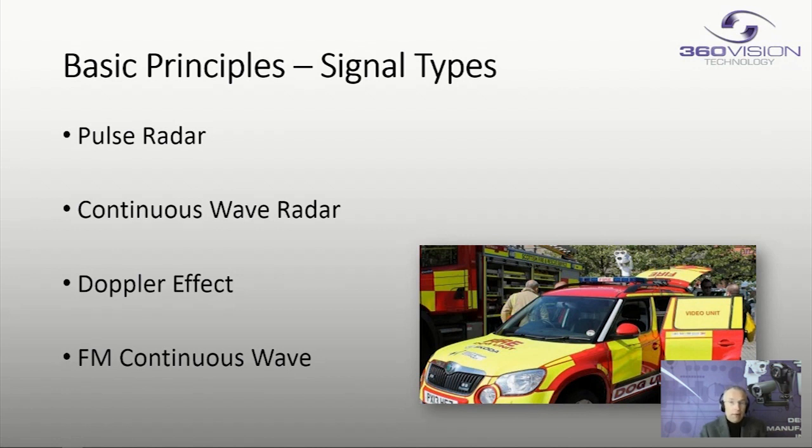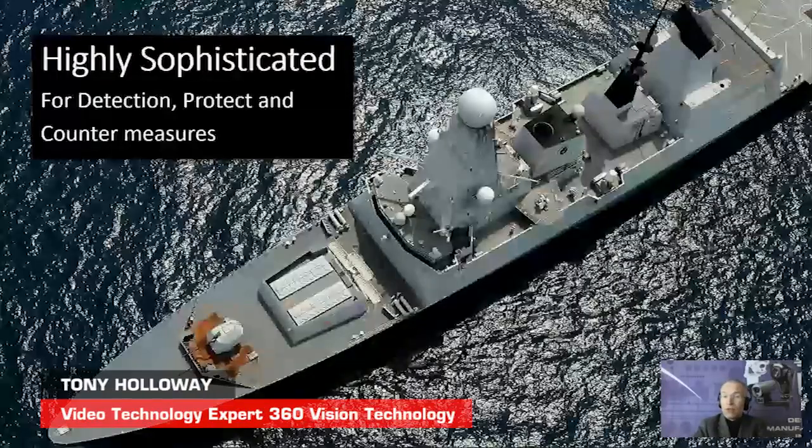So there's quite a bit there without getting too deep into the complexities of radar, which is used inside security applications. We also have to mention that radar is a very sophisticated tool in modern times. In this example, the vessel has multiple radar technologies for doing a number of different things.